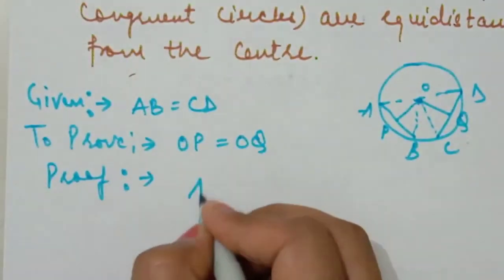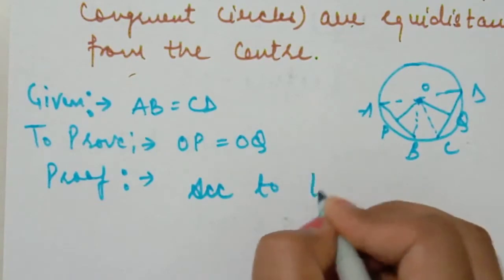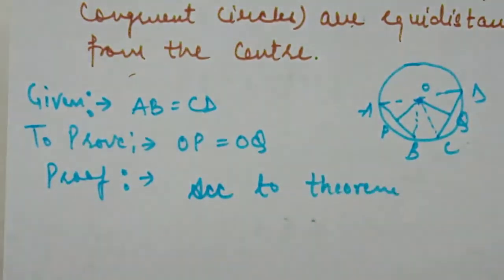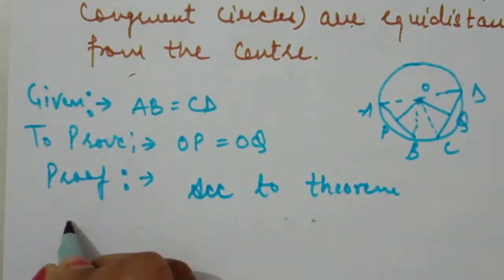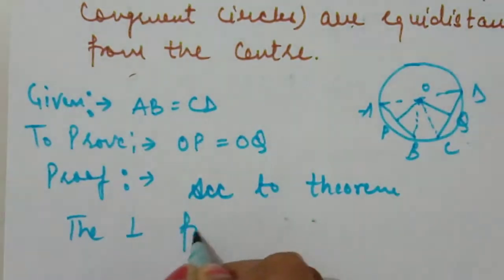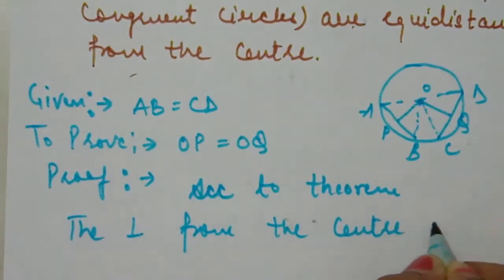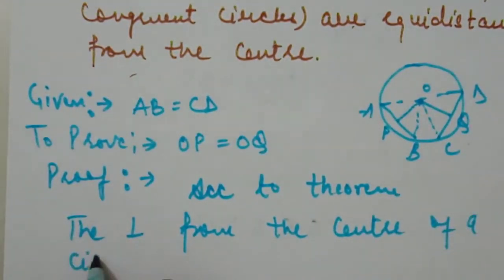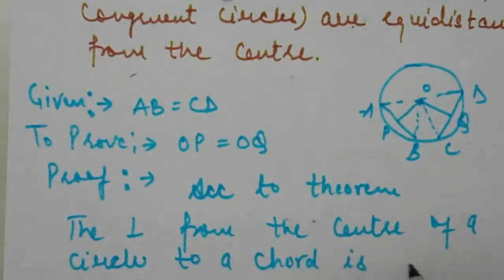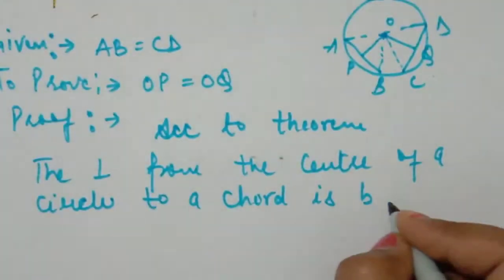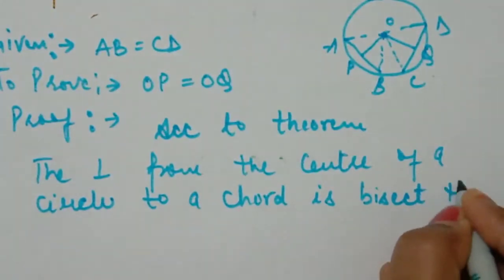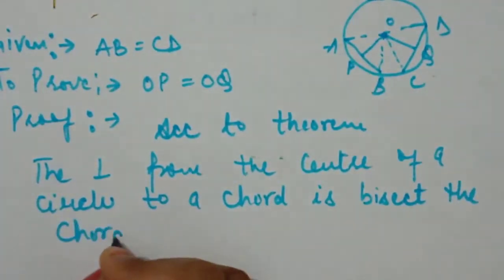According to the first theorem. What was the first theorem? The perpendicular from the center of a circle to a chord bisects the chord.